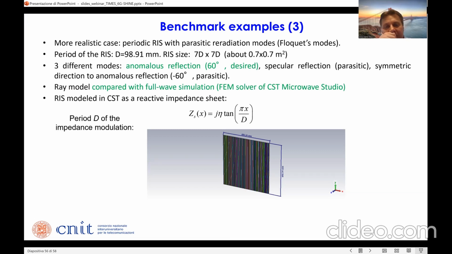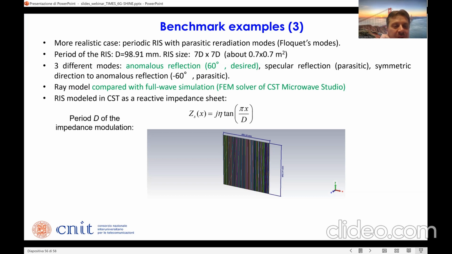Another benchmark example is the comparison between the proposed macroscopic ray model and full wave simulations. In particular, in this case, we considered a periodic RIS with parasitic radiation modes, with Floquet modes. And we simulated this periodic structure using the FEM solver of the software CST Microwave Studio.